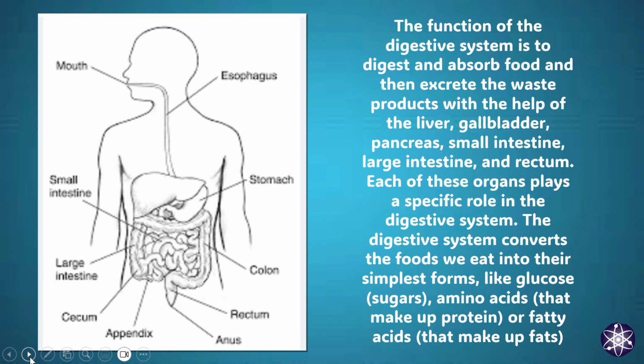Each of these organs plays a vital role, and they all have a specific role in the digestive system. The digestive system converts the foods we eat into their simplest forms, like glucose, which is also classed as sugars, amino acids, which make up protein, or fatty acids, which make up fat.